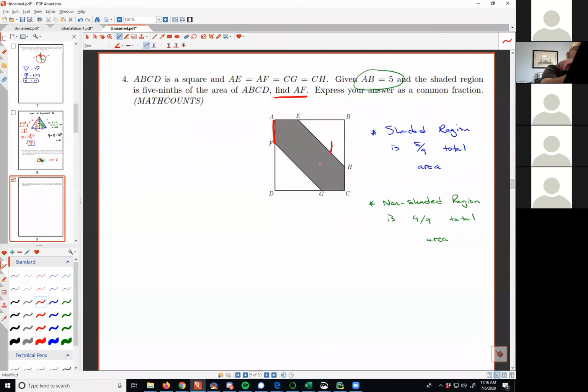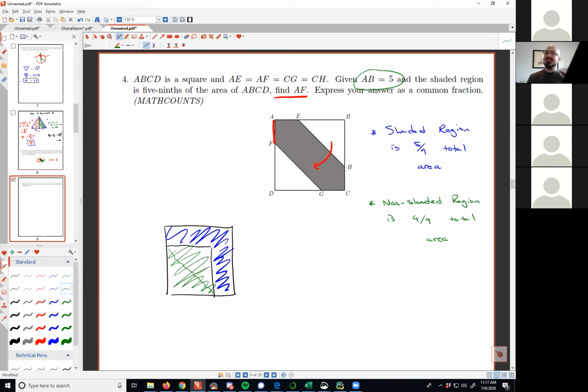Let's do that. Let's move one of them into position so that the 2 of them are together down in that corner. And then we see that the shaded area is 5/9 and the unshaded area is 4/9.